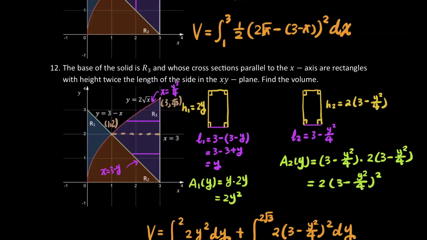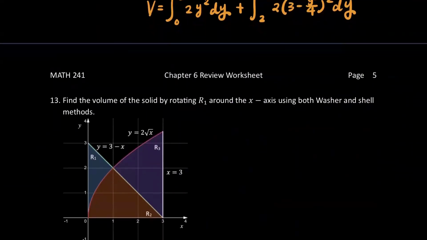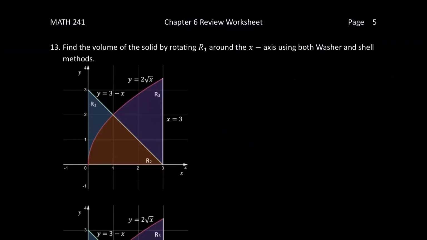Okay, so if no questions, let's move on to the second part of section 6.3, washer method. Or disk method, because washer is basically disk method twice, right? And the 6.4 shell method.